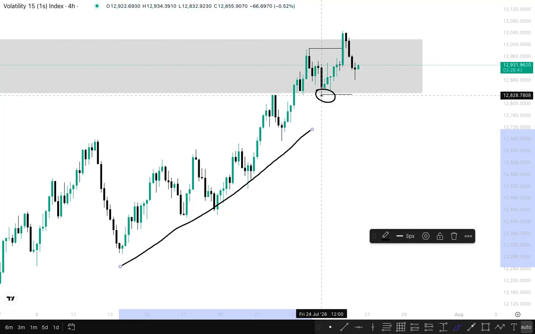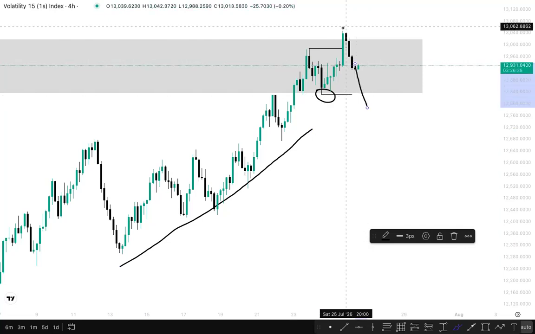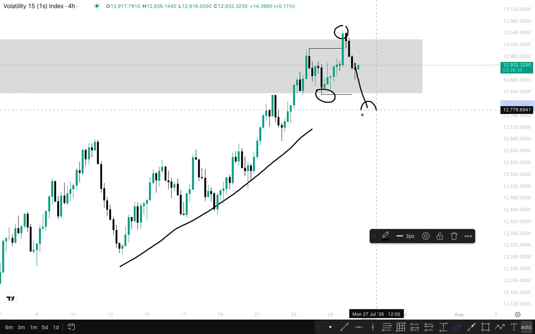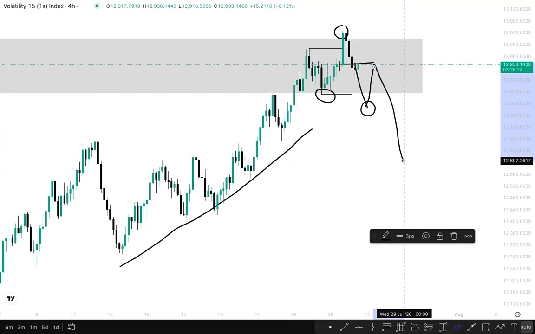If price invalidates this low, that is to have something like this, we now have a higher high and a lower low and a retrace into this order block here to give us a lower high before dropping lower. So this is what I'm expecting on volatility index V15 1S.